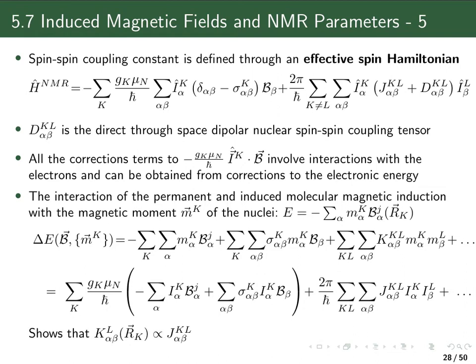All the terms in the nuclear spin effective Hamiltonian which include involvement of the electrons, like here the shielding constant and here the indirect nuclear spin-spin coupling constant tensor, the contribution to the energy of the system from these terms we also can analyze by looking at the change of the energy of the electrons due to this interaction with the nucleus.